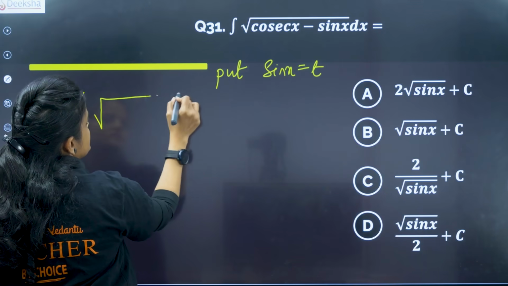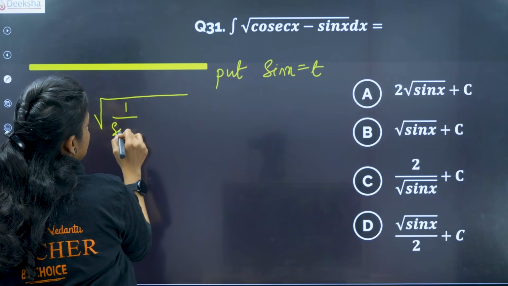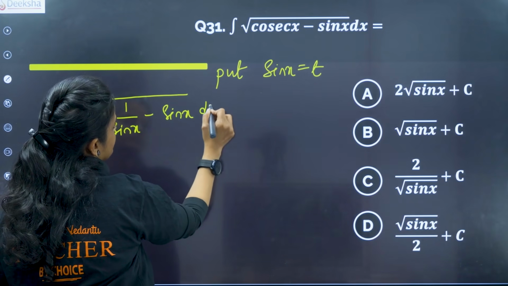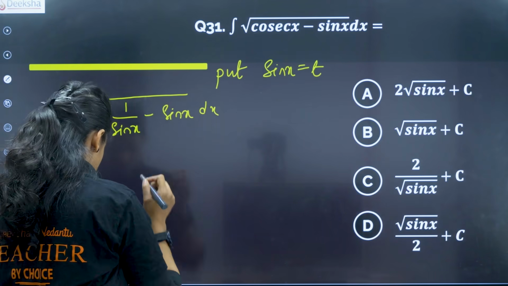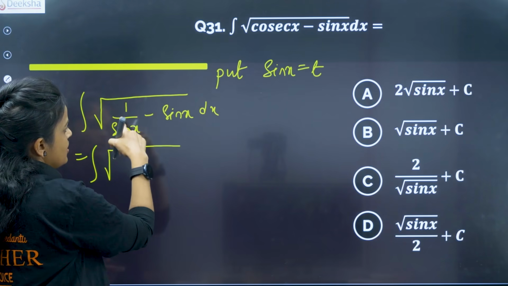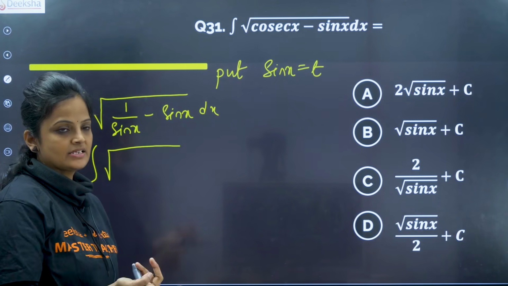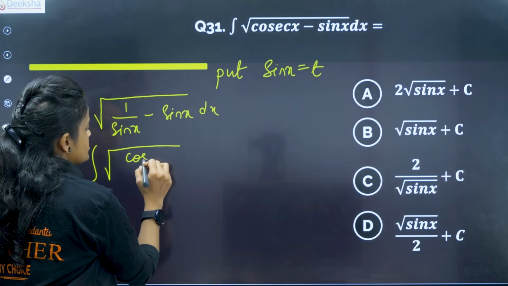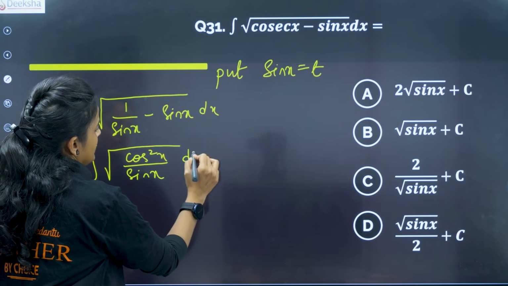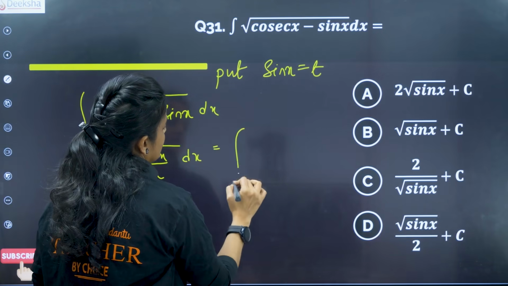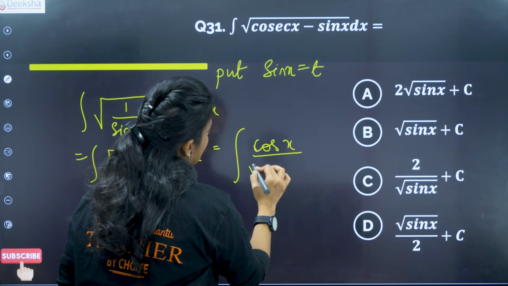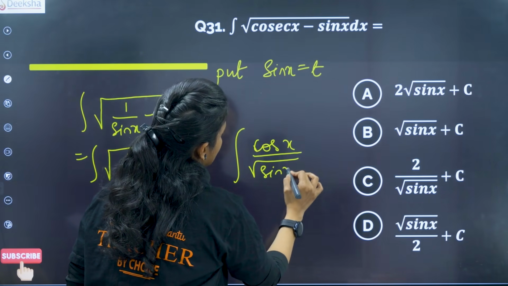Cosecant I write as 1 by sin x minus sin x dx. After taking LCM we can write it as 1 minus sin square x, that is cos square x, divided by sin x dx. Taking cos square outside the root, we get cos x divided by under root sin x dx.